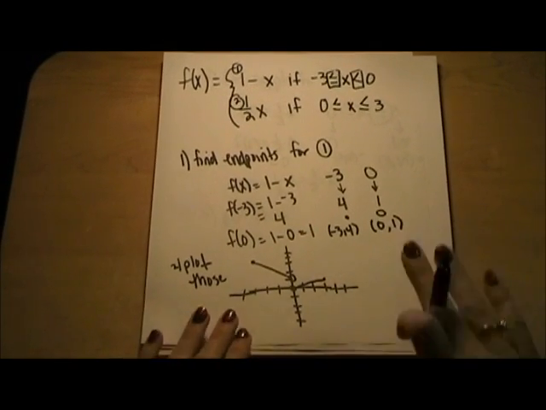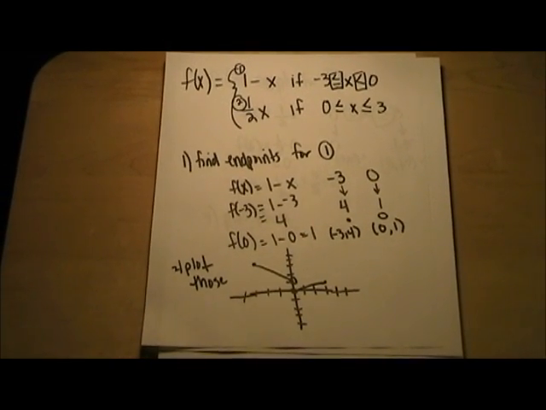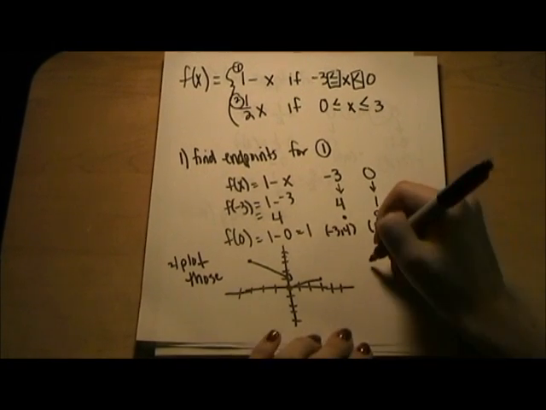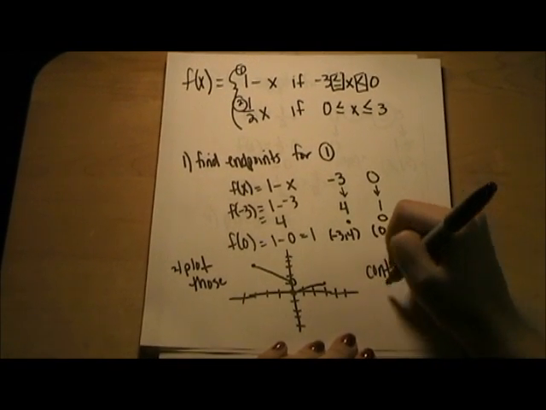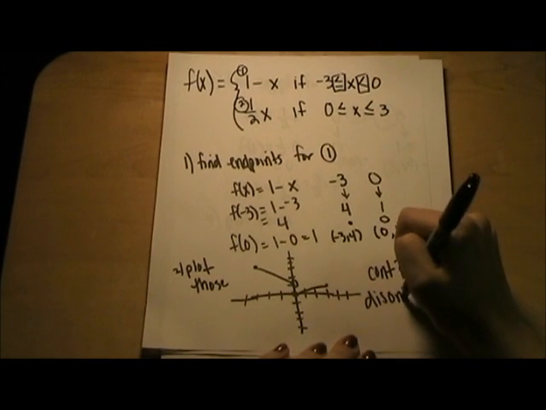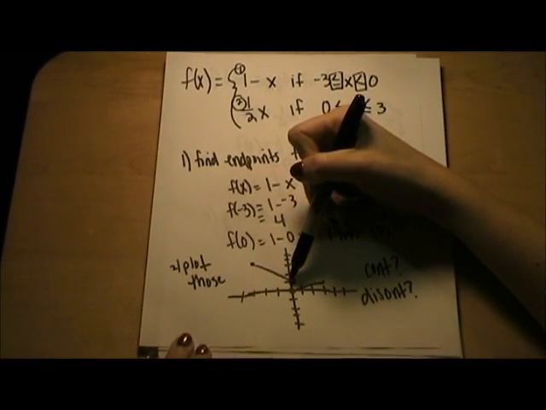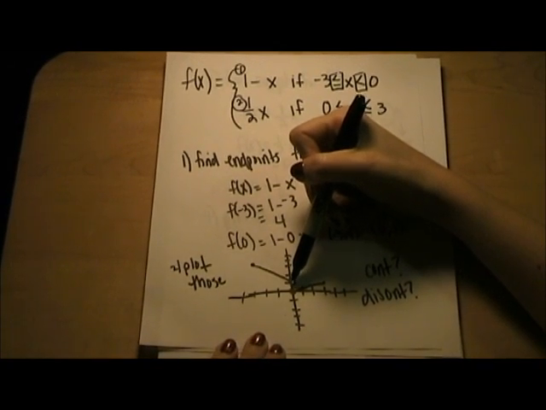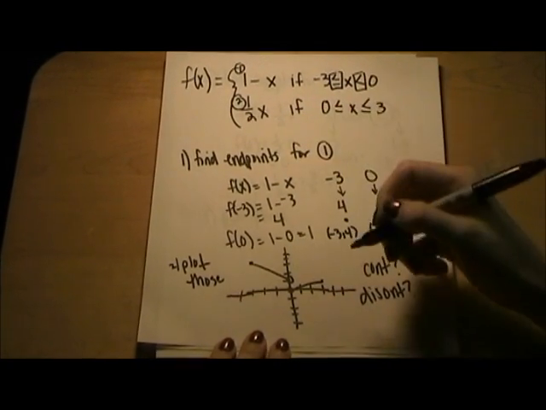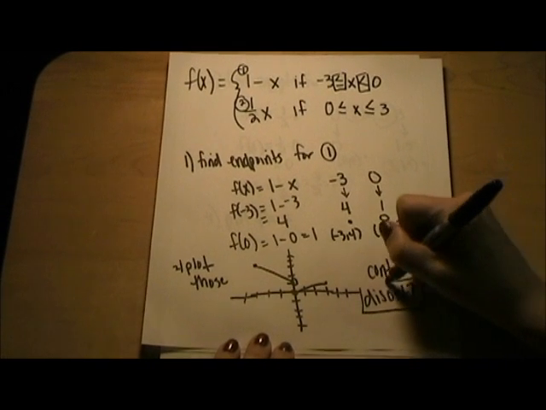Should look more straight. And then if they wanted to know continuous or discontinuous, if we start here with our pencil, we're traveling, but then to get to the next part, we have to lift up our pencil, so it would be discontinuous.